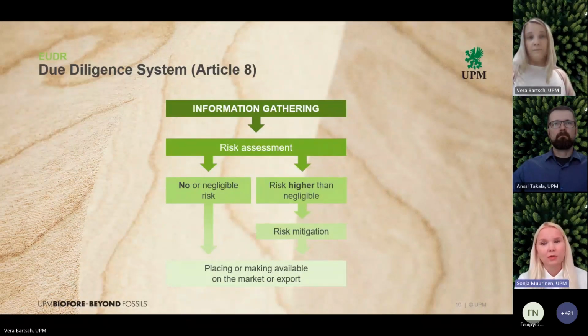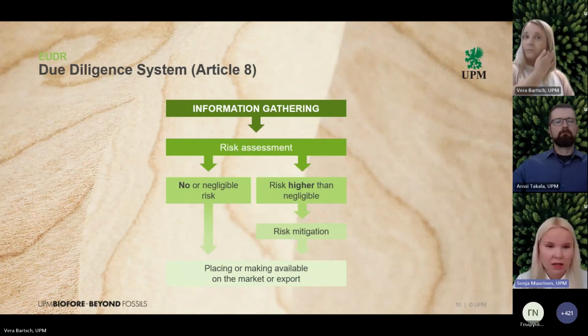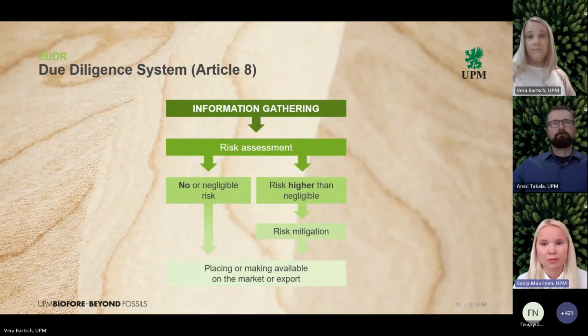So, how to carry out due diligence? Firstly, we need to gather information as specified in the regulation. For example, trade name, full scientific name of the wood, and quantity of the product in kilograms, just to mention a few. Secondly, we need to conduct a risk assessment.